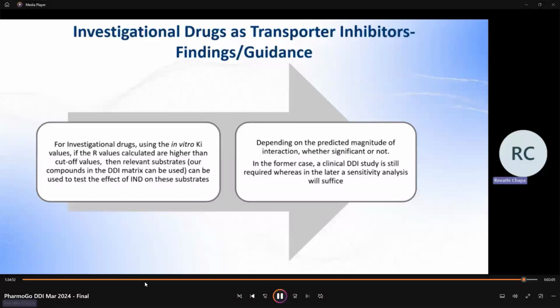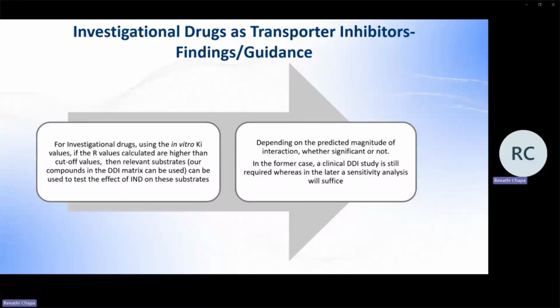Depending upon the predicted magnitude of interaction, whether it is significant or not, in the former case a clinical DDI study is still required, whereas in the latter, a sensitivity analysis will suffice. So in this way, we are going to test the effect of investigational drugs if they have inhibitory potential towards any transporter.